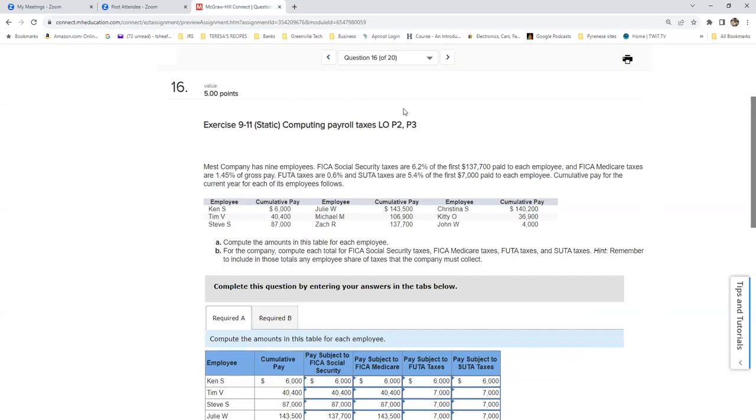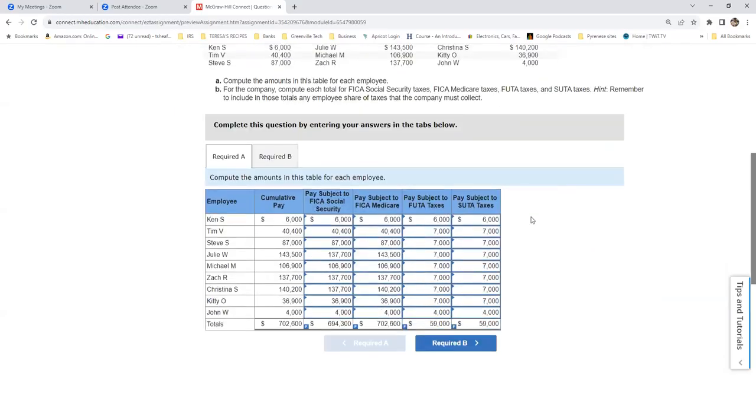All right, on this one, the table looks a little bit overwhelming, but it's really not. You're going to list the employees, then you're going to list what their cumulative pay is during the year.